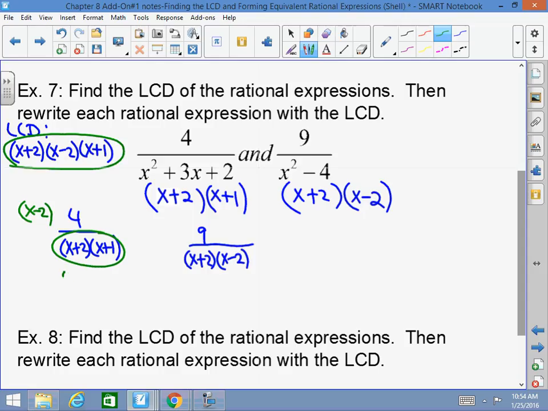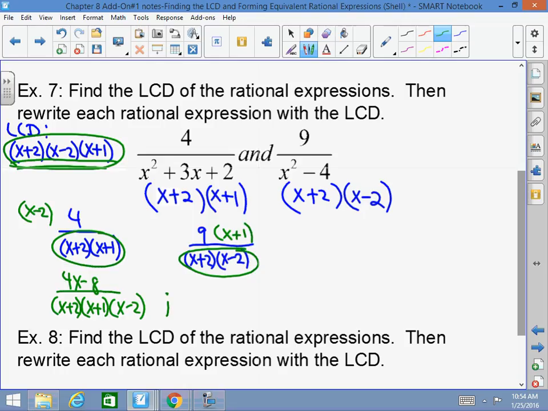So this becomes (4x minus 8) over (x plus 2)(x plus 1)(x minus 2). What do I need to multiply to this denominator to make it look like this LCD? An x plus 1.